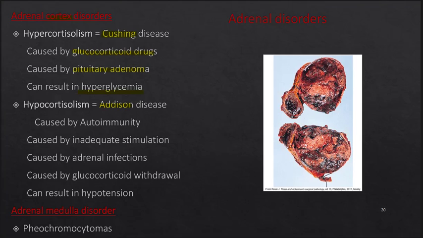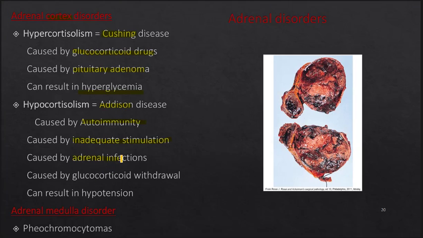Hypo, referred to as Addison's disease, this is really, for the most part, a primary adrenal insufficiency. And it's relatively rare. But the most common cause of primary hypocortisolism is autoimmunity. So autoimmune destruction. There are also other causes, including inadequate stimulation of the adrenal cortex by adrenocorticotropic hormone.